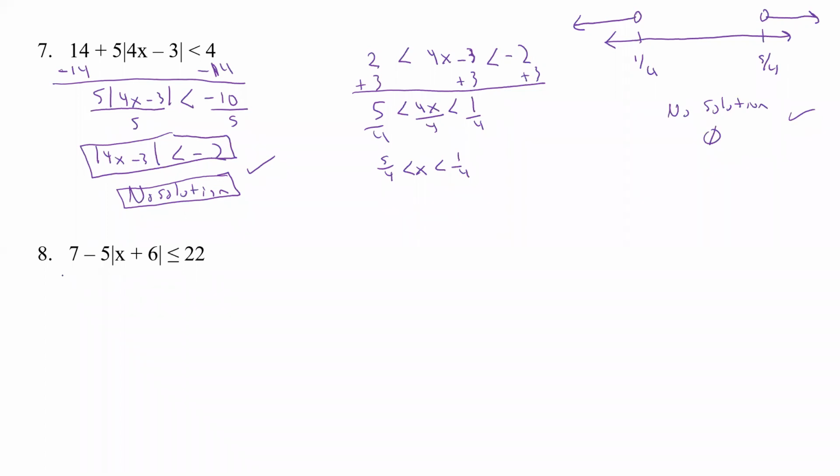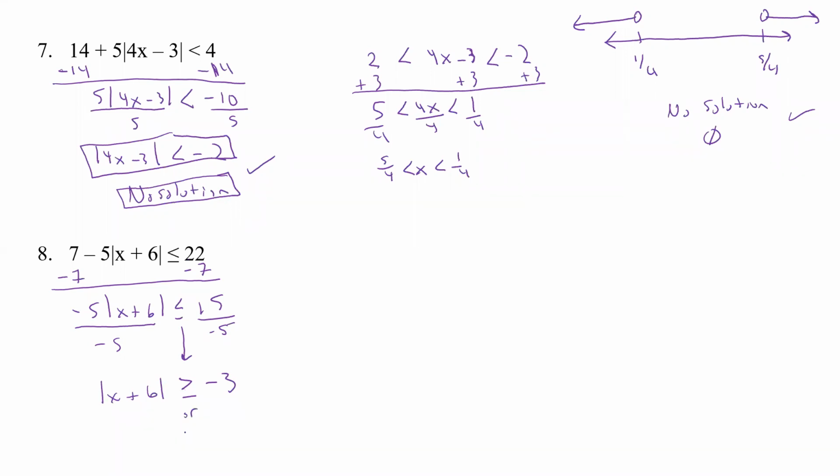All right, how about this one? Well, this one we're going to subtract 7. So we have a negative 5 times absolute value of x plus 6 less than or equal to, and now we have 15. So now we're going to divide by negative 5, divide by negative 5. What happens when you divide by a negative? That becomes greater than or equal to. Now here this is going to be a negative 3, and this is going to be absolute value of x plus 6. All right, so this is going to give us an OR statement.